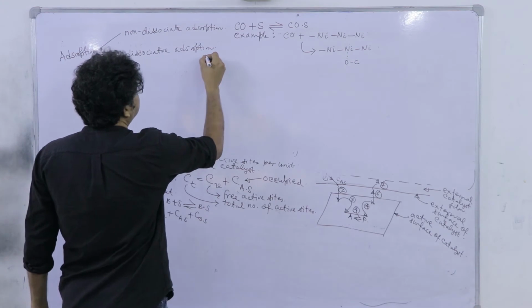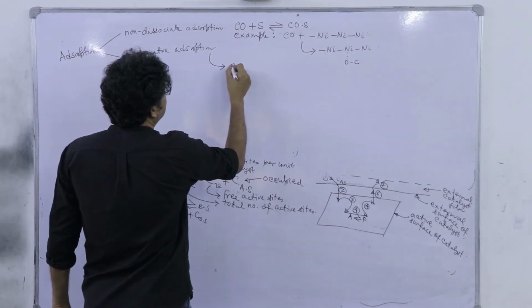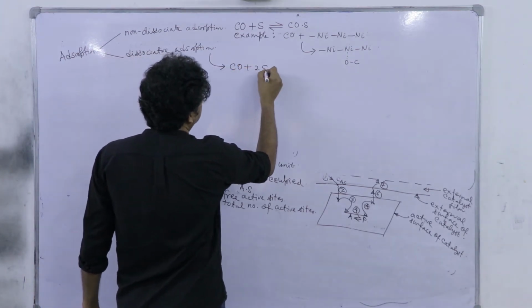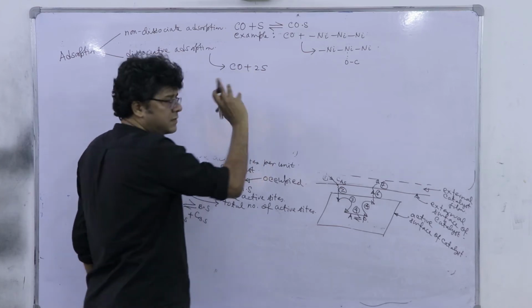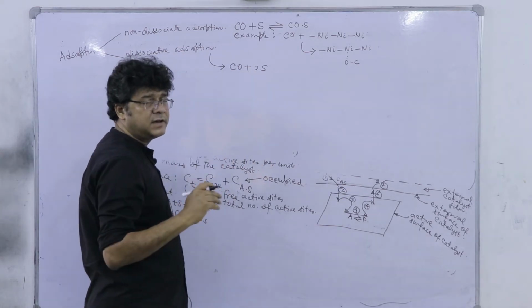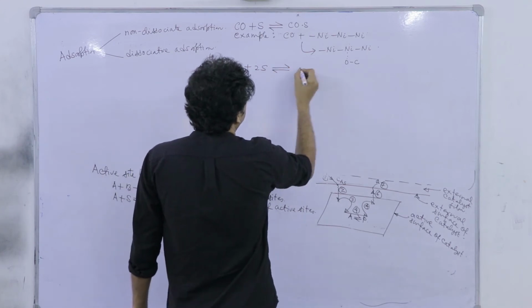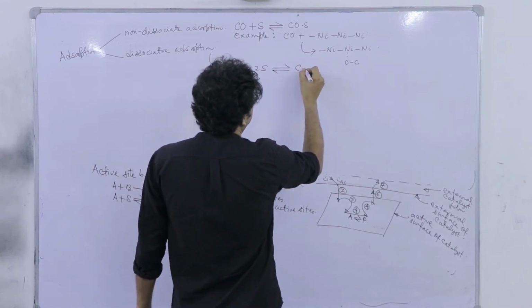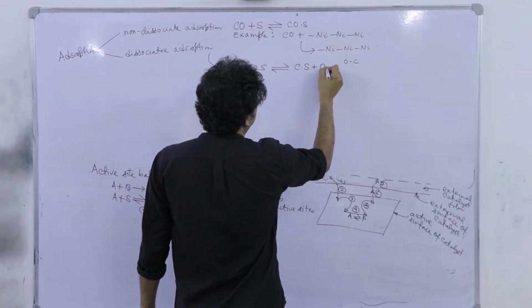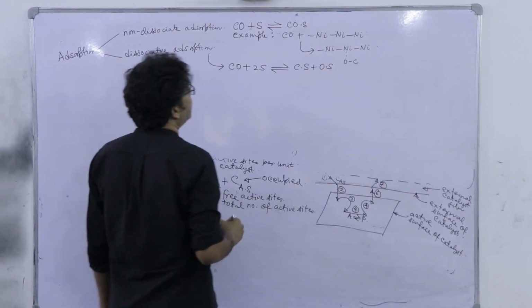Whereas, if it is a dissociative adsorption, what will happen? CO plus 2S, this carbon oxygen bond will dissociate prior to adsorption, and it will give C dot S plus O dot S, right.